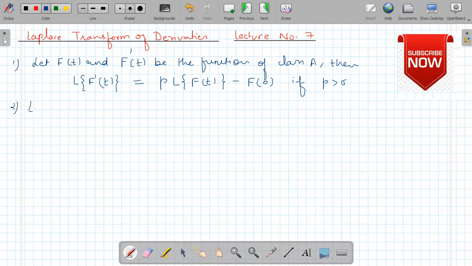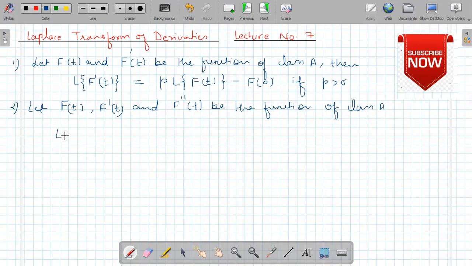For that, we again assume that f(t), f'(t), this is the first derivative, and of course f''(t) be the functions of class A. So Laplace transform of these three functions will definitely exist because these are of class A.